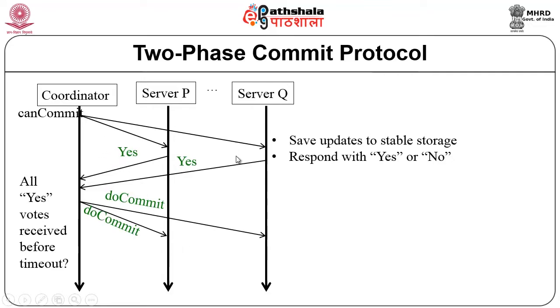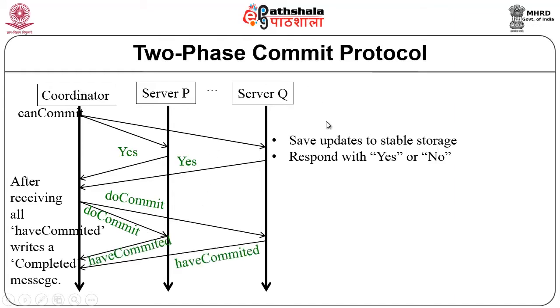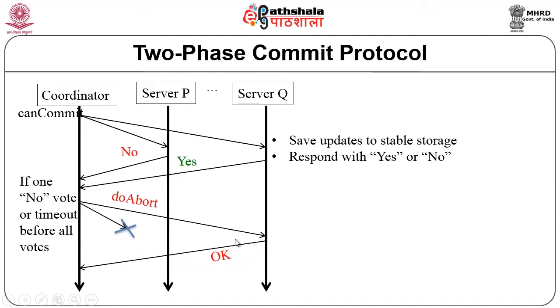If both are yes and they have reached the coordinator before the timeout, then the coordinator takes a do commit decision and sends it. When the servers receive the do commit decision, they are already ready to commit, so they say have committed, agreeing with the coordinator.